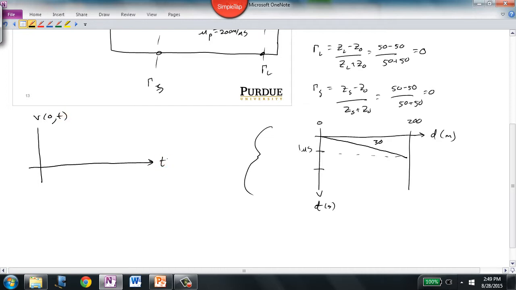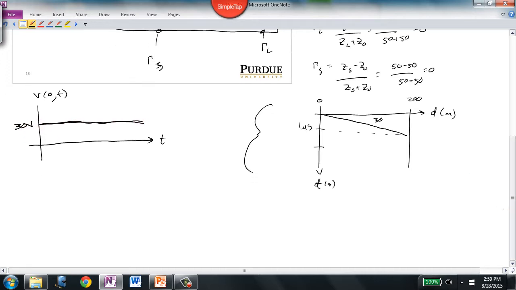We sum up all the forward and reverse voltage waves for that distance, and we see that there is only one voltage at the input end, a result of there not being a reflection. So at t equals 0, the input end was initially at 30 volts and it never changed. It's constantly 30 volts. Now what about V of 200, t?